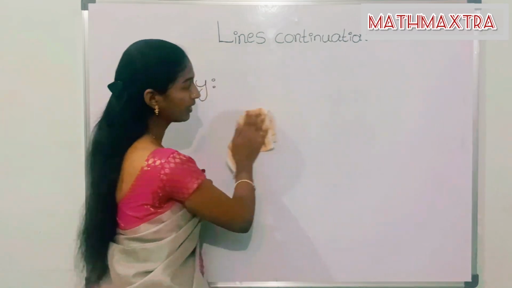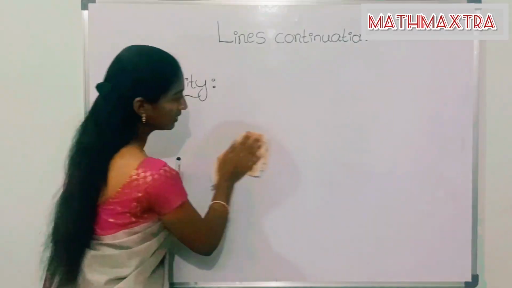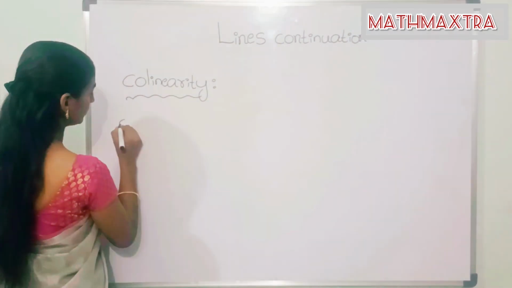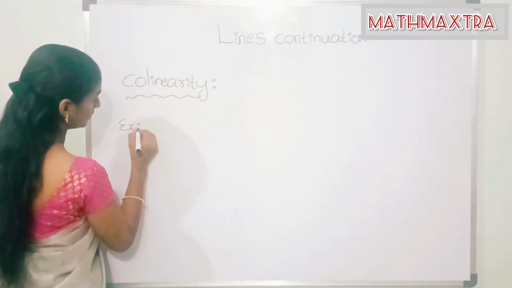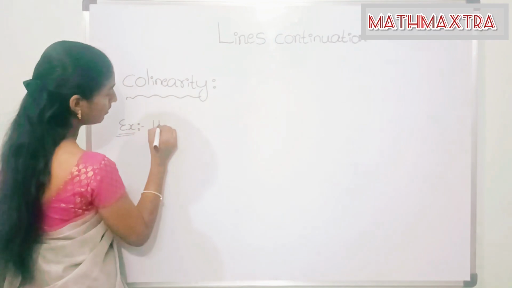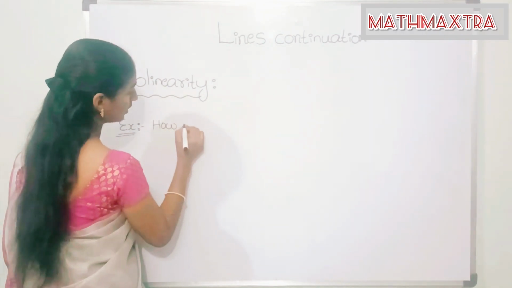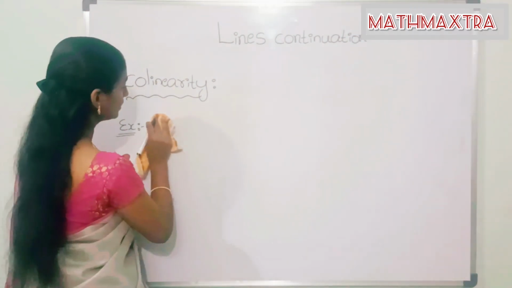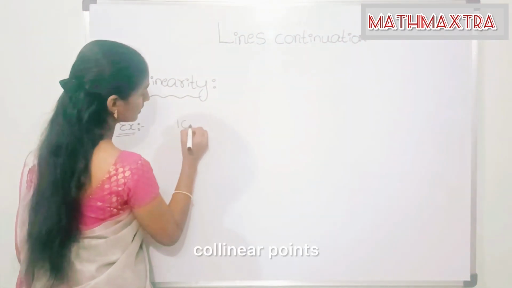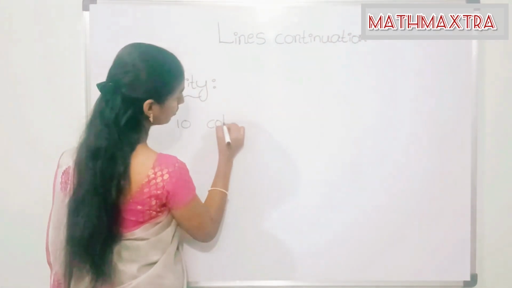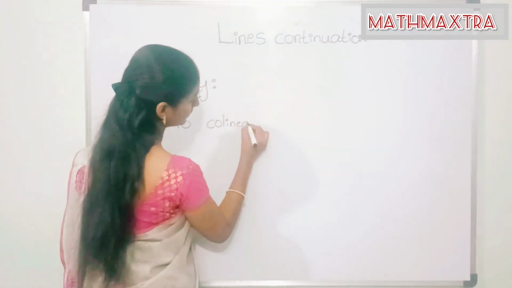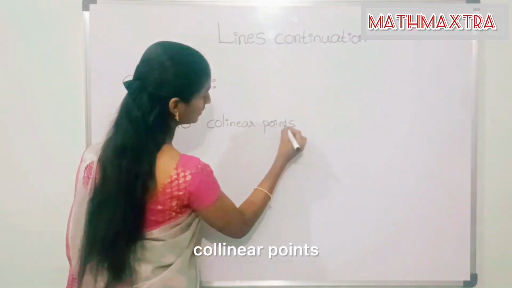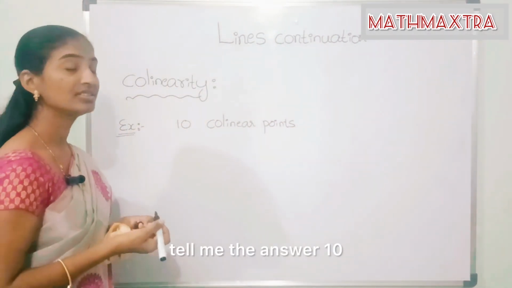Okay, so now for example, how many straight lines can be drawn with 10 collinear points? 10 collinear points. Tell me the answer.